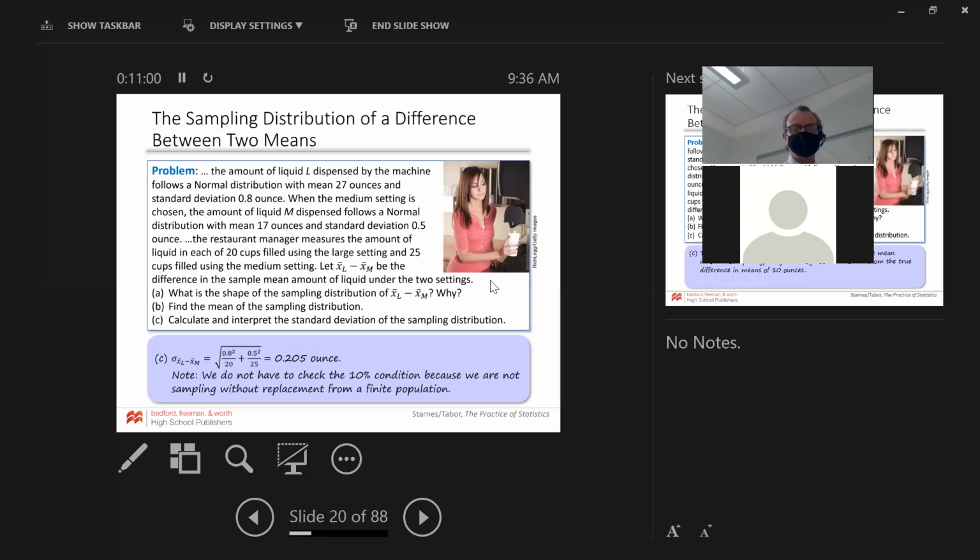Here's the step. They took this number, squared it, divided it by 20. This number, squared it, divided by 25, and they took the square root of the sum. Which means what?